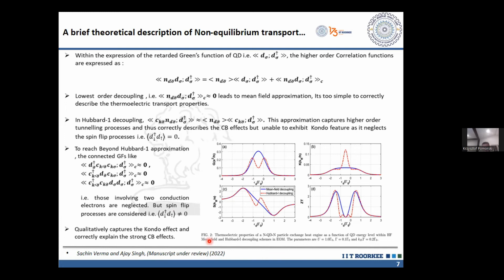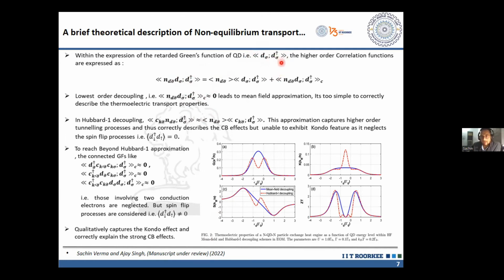Can you maybe give a deeper meaning of this first equation? Okay, so what happens is that this first term, written in this double bracket notation, is called the Zubarev notation of a Green function.